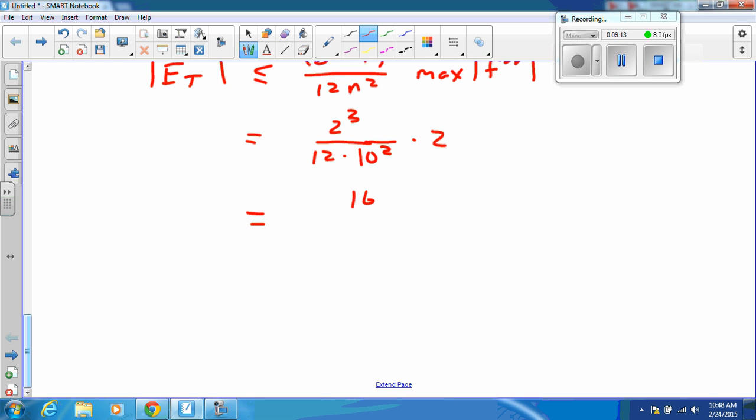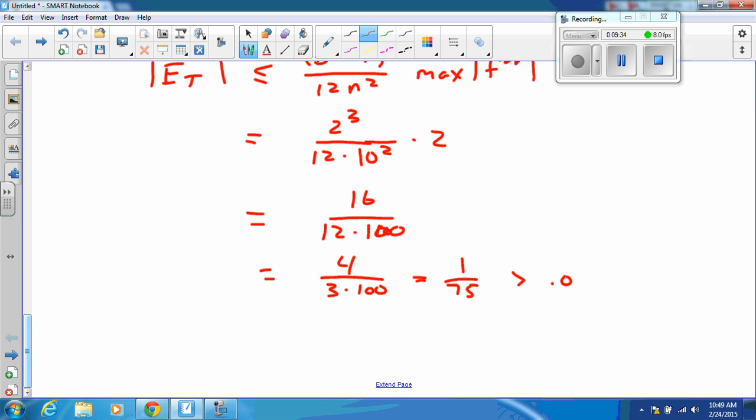And the max of f double prime is still 2. So this now gives me 16 over 12 times 100, or 4 over 3 times 100, or 1 over 75, which is a little bit greater than 0.01.